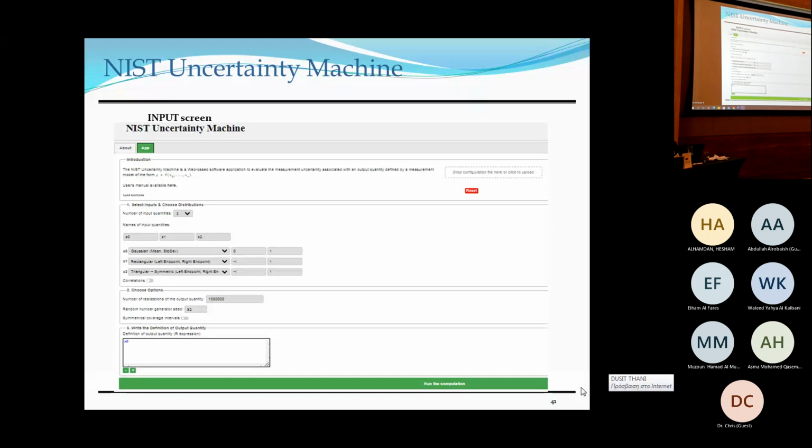So the interface looks something like this, where you can input basically, it's very simple to operate. You input the quantities. Then you have to decide what type of probability distribution functions you're going to assign to them. And then you have to choose how many trials the Monte Carlo engine will actually go through.